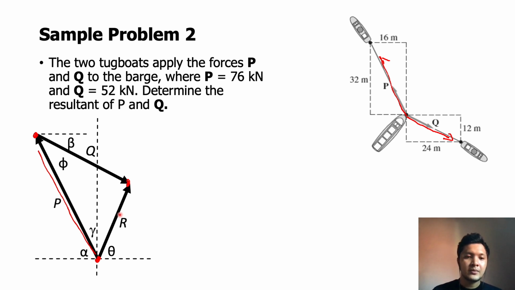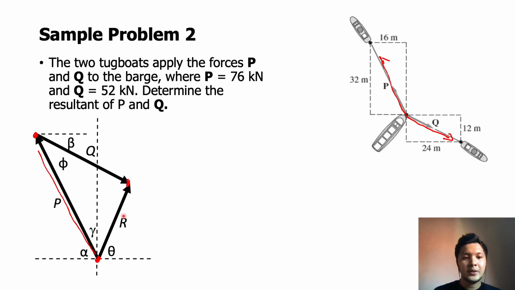So this gives us the vector R to point towards this direction. Now we label them. So this is P, Q, and R, and then the angles. The angle between P and Q is phi.